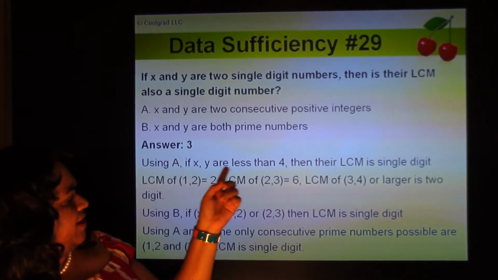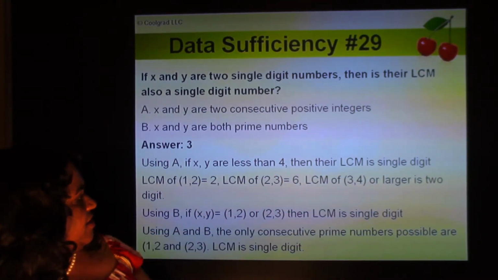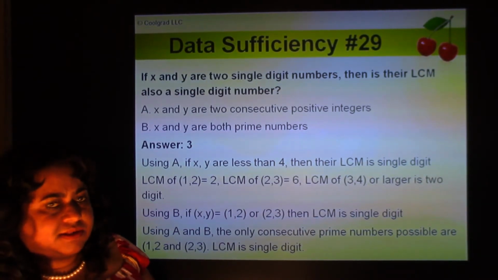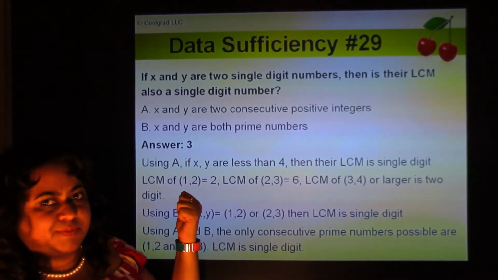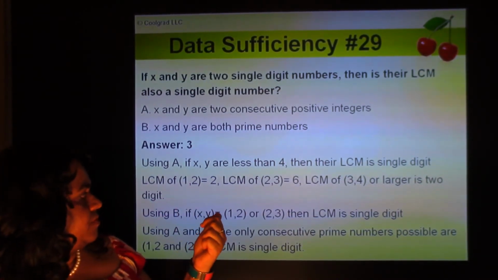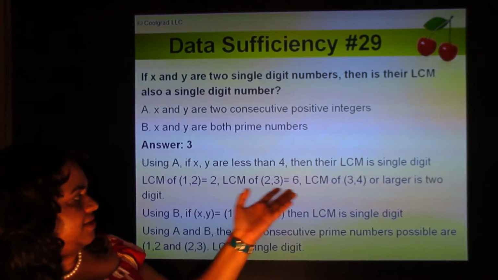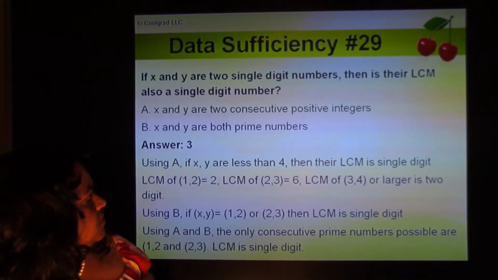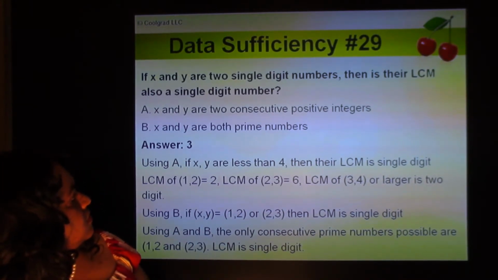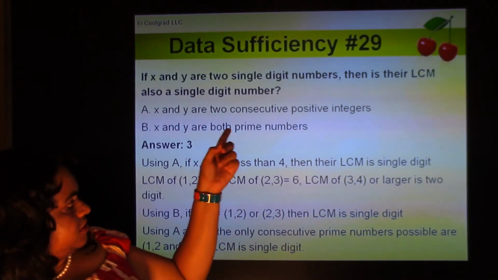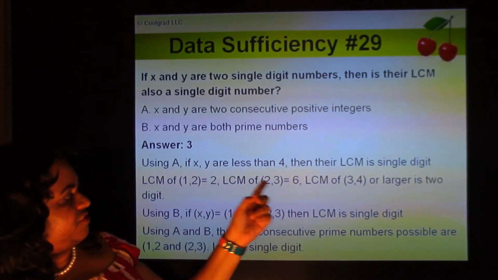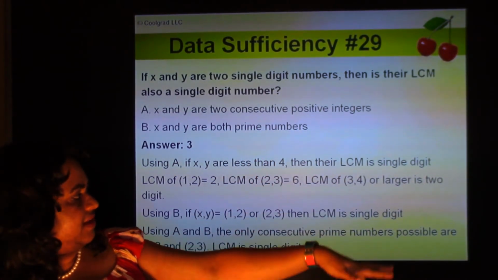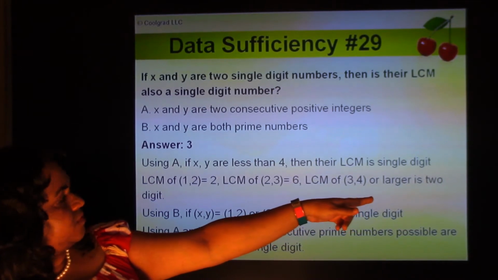So if x and y are less than 4, then their LCM is a single digit number, right? Suppose you have 1 and 2, x and y, suppose they are 1 and 2, LCM is 2. LCM of 2 and 3 is 6. But if you have, so they are consecutive positive integers. The moment you have 3 and 4, their LCM is a larger 2-digit number, right?